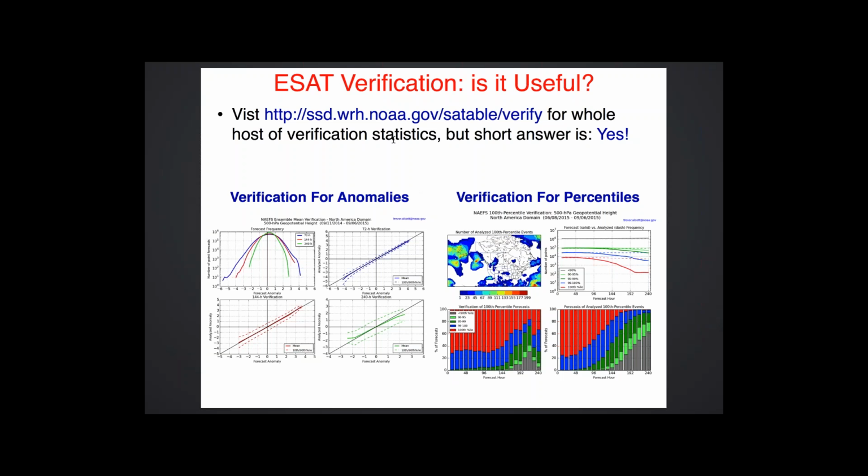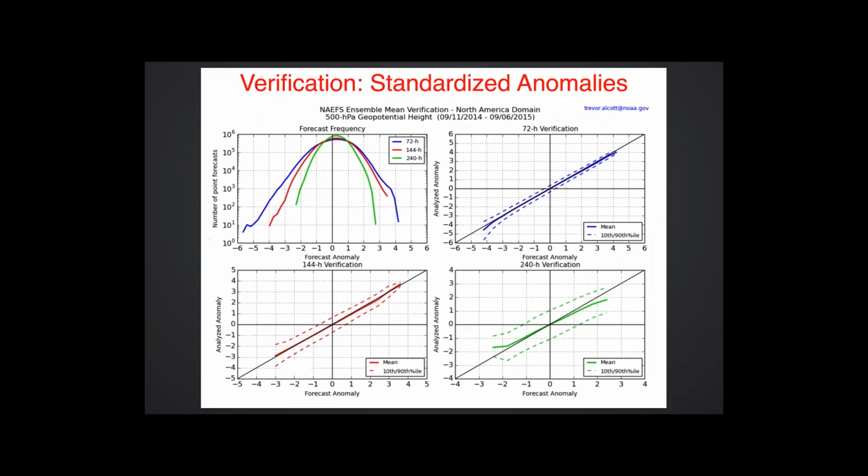I don't have time to go through all the verification statistics that we have for all the different variables within the table, so I'm just going to show you an example of the verification we do for the standardized anomalies, and then the verification we do for the percentiles. This is more to teach you how to interpret the plots so that if you are interested, you can go back later and look through the verification website and see what variables you're interested in.